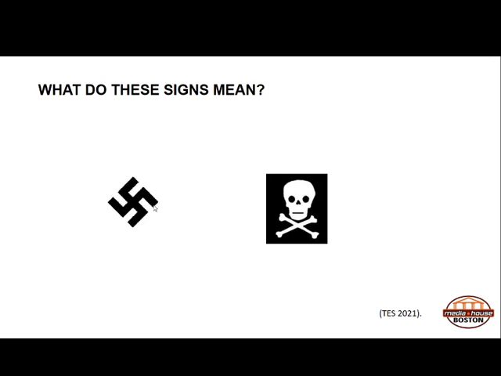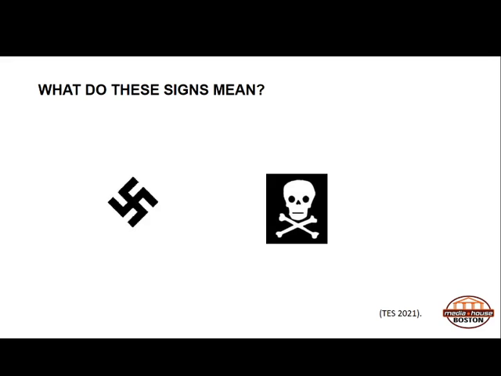If you saw this sign in a Hindu household, it would not mean that they are Nazis. And if you saw this sign in a white supremacist household, it would not mean that they are Hindus.